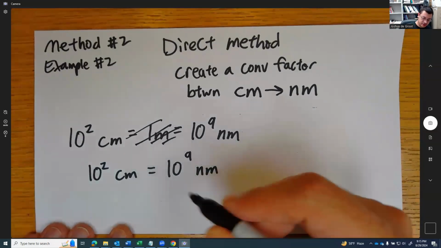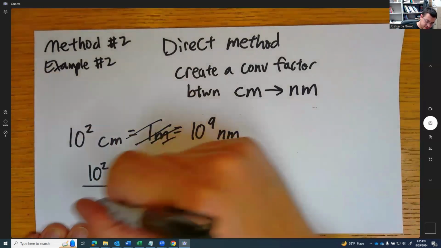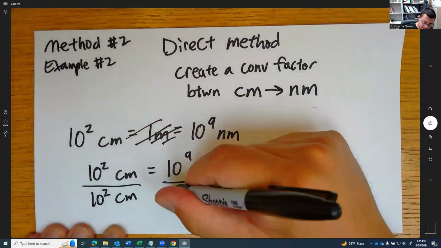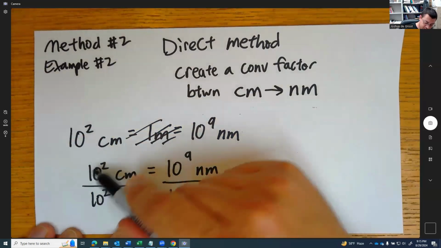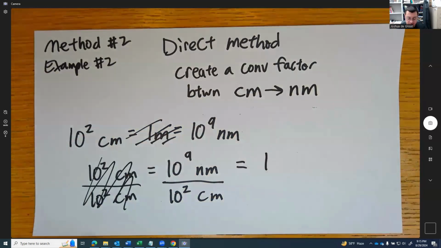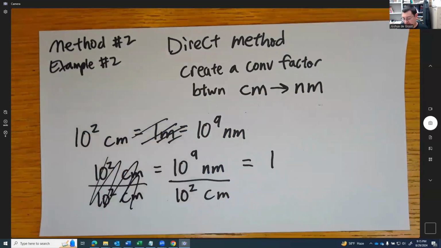All right, so that means I'm going to have to move this. So I'm going to just divide both sides by 10 to the second power centimeters. Of course, this will entirely cancel to become a 1. Okay. So that's pretty good. You could just leave it that way and actually you'd be done.